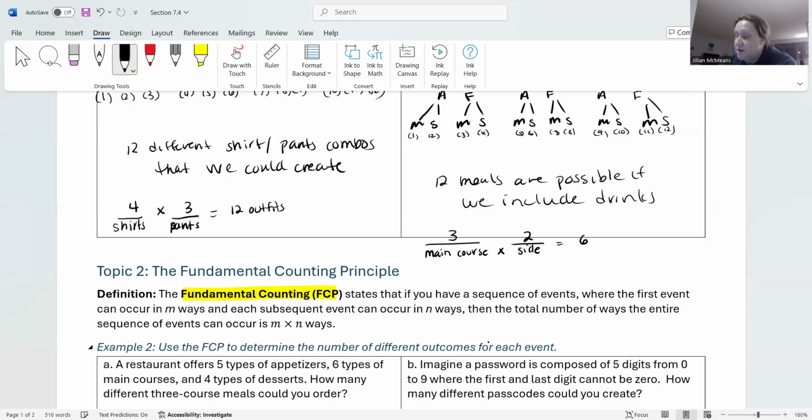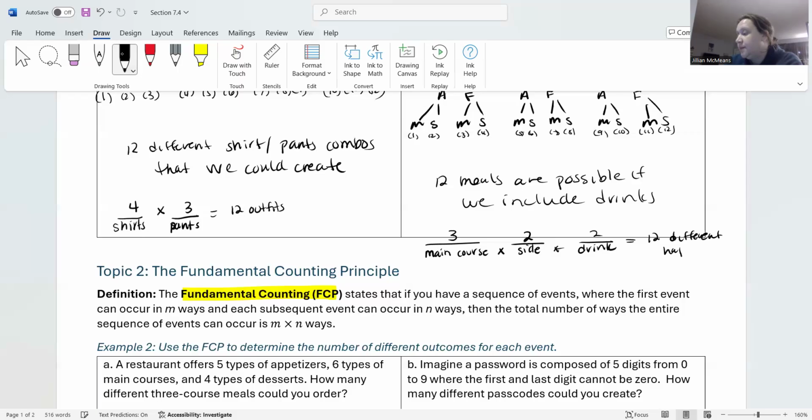That gave us the 6 meals that we could create initially. But then I said, let's throw in drinks. I think for the kids' meal, it's generally milk and soda. So times a drink. There were 2 drink options. So that gave us 3 times 2, which was 6 initially, but then each of those 6 meals has 2 options for a drink. So that is 12 different Happy Meals.